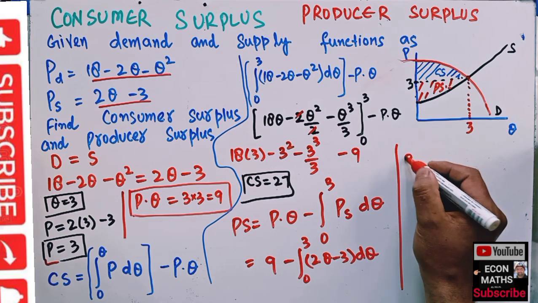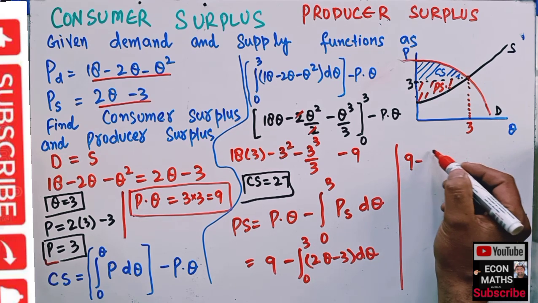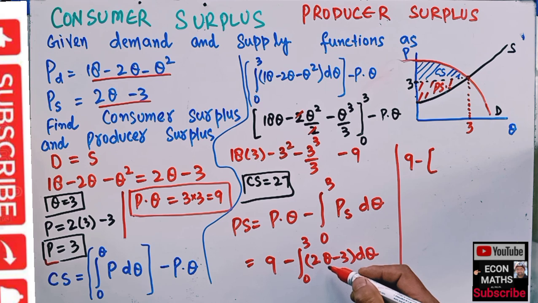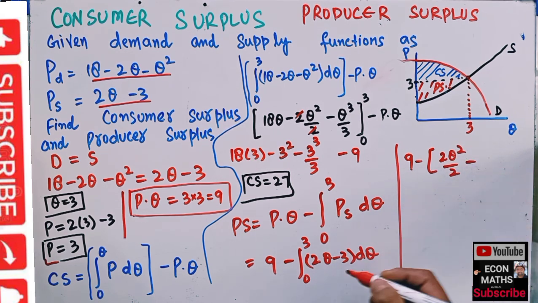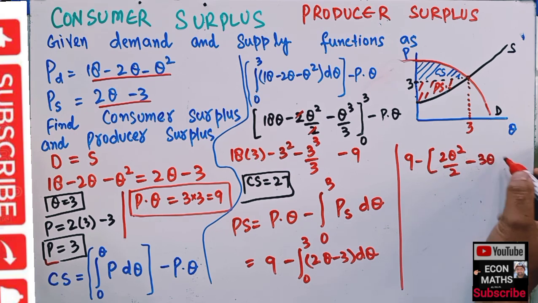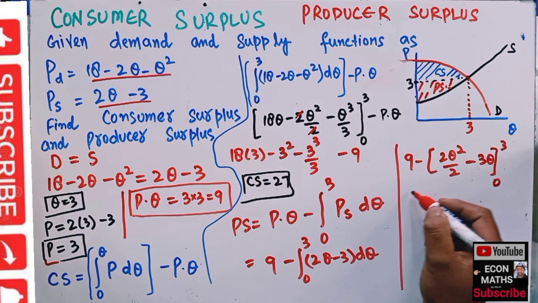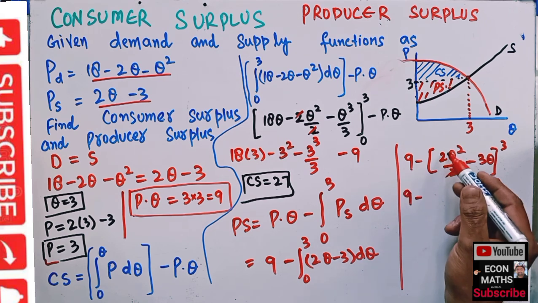So we get 9 minus, let's evaluate this. The integral of 2Q is 2Q square divided by 2, minus the integral of 3, which is 3Q. We evaluate from the lower limit to the upper limit. So we have 9 minus, and the 2 will get cancelled.